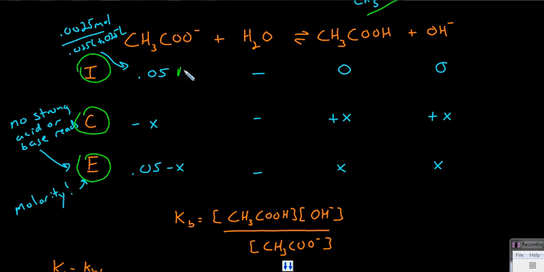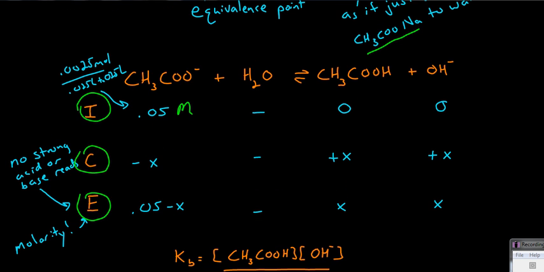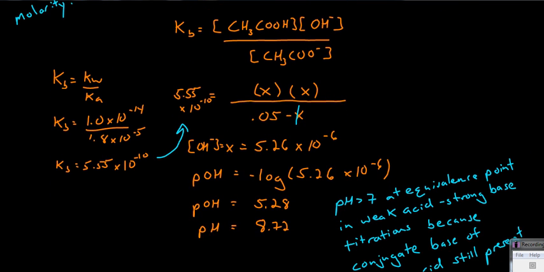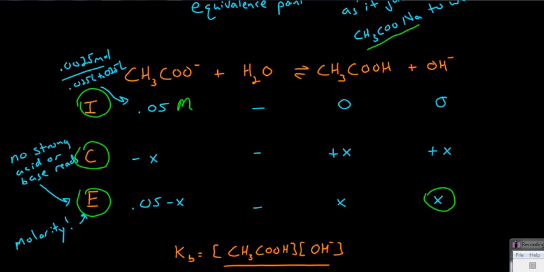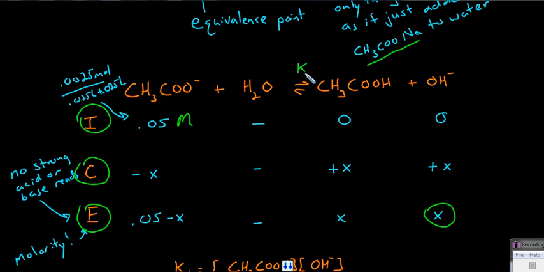So you need to use molarity here, not moles, and using the standard ICE table to find the pH of a salt solution, you can find that the concentration of hydroxide is going to be x, and solving for that gives us a value of hydroxide being equal to 5.26 times 10 to the negative 6. We were able to do this because this equation up top was governed by the Kb expression. Do you see how this acetate is acting as a base in water?